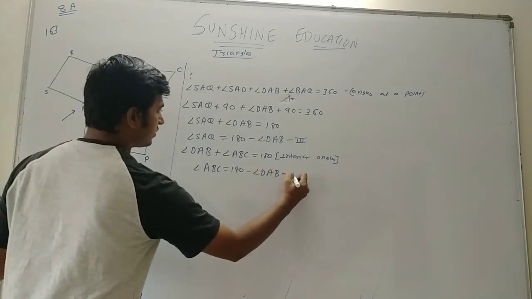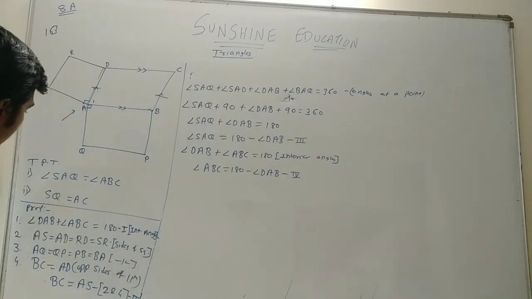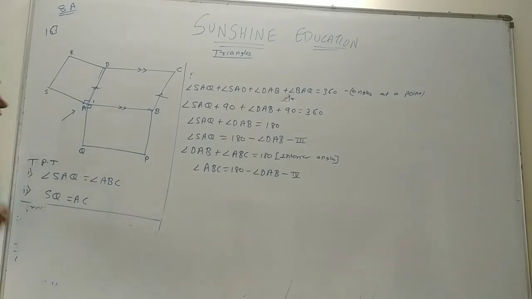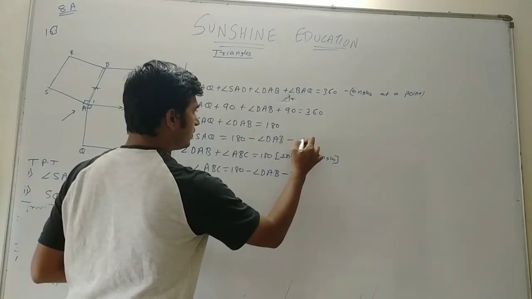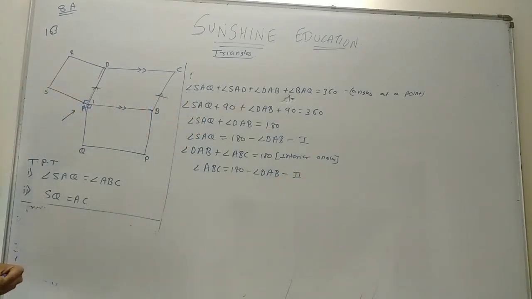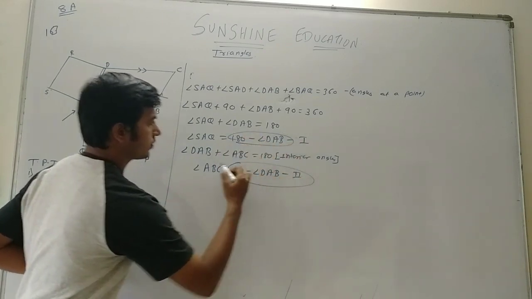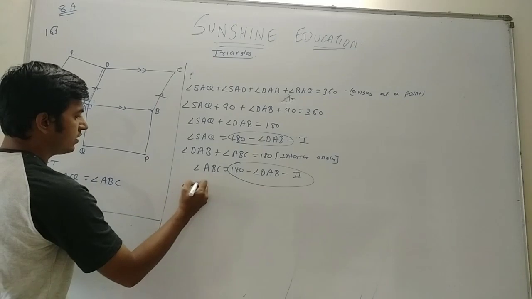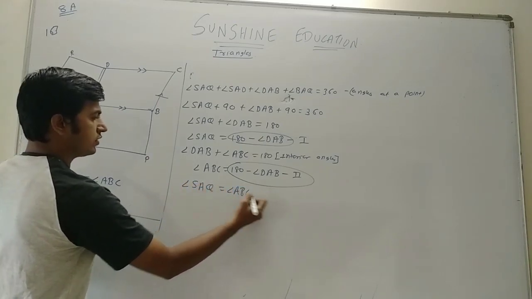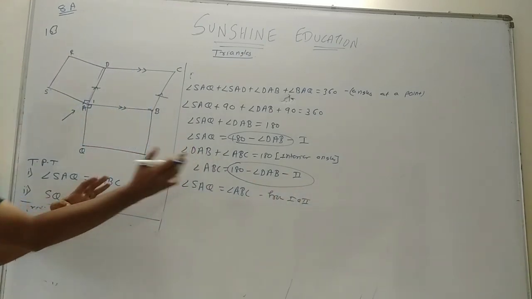Make this number 4. Forget about this, I will write this afterwards. Extremely sorry for this. Number 1 and number 2, if you observe, it is the same. So we can say that SAQ is equal to ABC. So our first part is done.